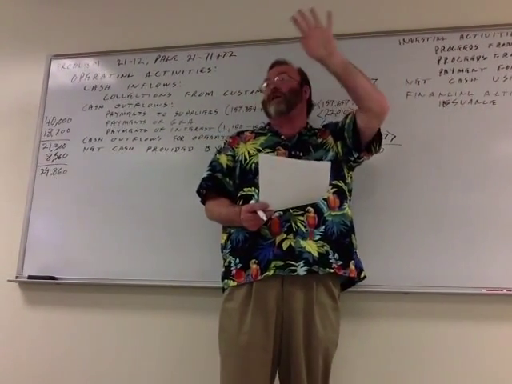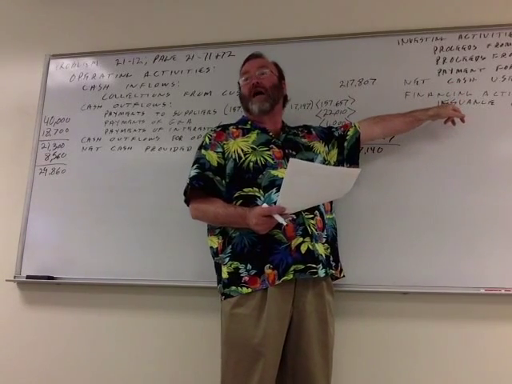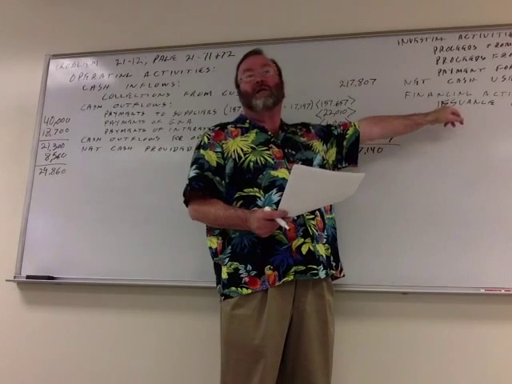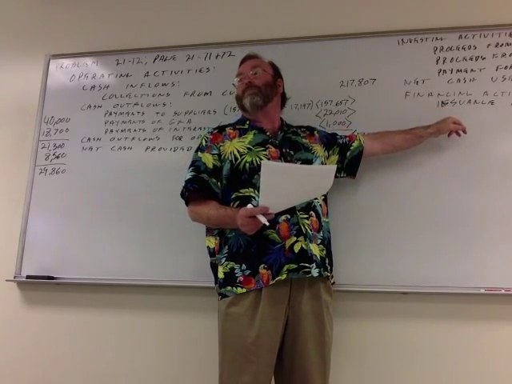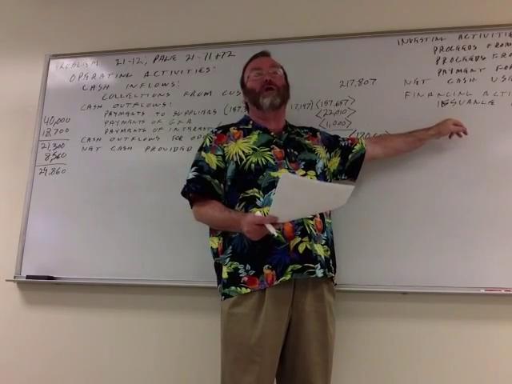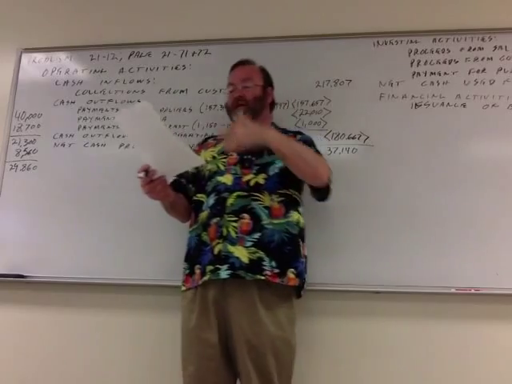It'd be perfectly proper to show proceeds from common stock, a positive $30,000, and then right below it, the retirement of preferred. But they just put it in a footnote. They just say conversion of preferred to common, and they put the positive and negative, because it only affects one section.